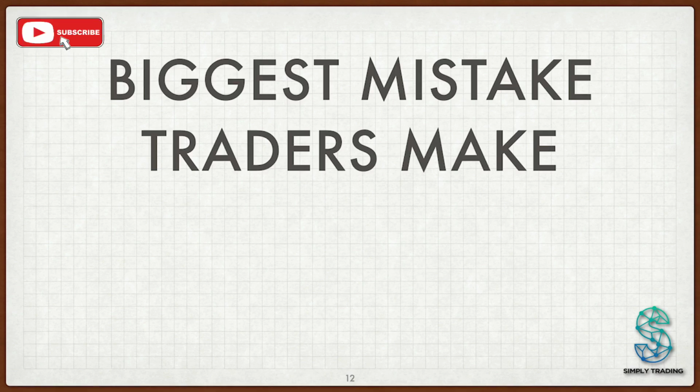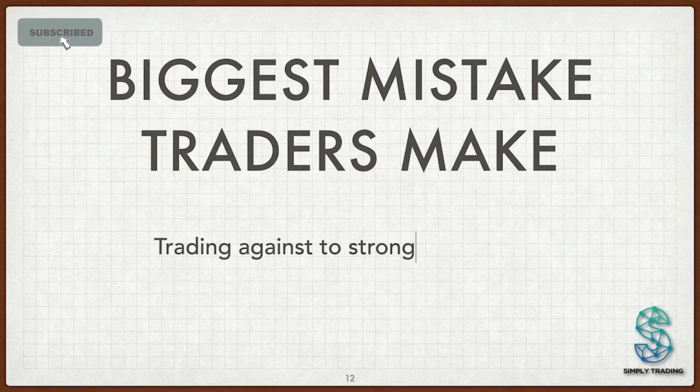So the biggest mistake traders make is trading against too strong of a previous trend. And what I mean by this is if you have an uptrend that's been forming over 6 weeks and then you see a descending triangle, you know, that reversal pattern, and that descending triangle took maybe 2 days to form, if you compare that to the strength of the bull trend before it, it's simply not strong enough to break that uptrend.